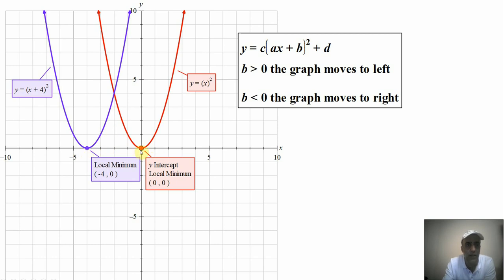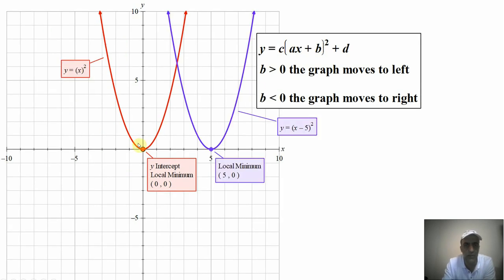If we have b smaller than 0, in this situation the graph moves to the right. Here we have the equation y equals x power 2, and in this second example y equals (x minus 5) power 2, and b is minus 5. In this situation the graph moves 5 units to the right.